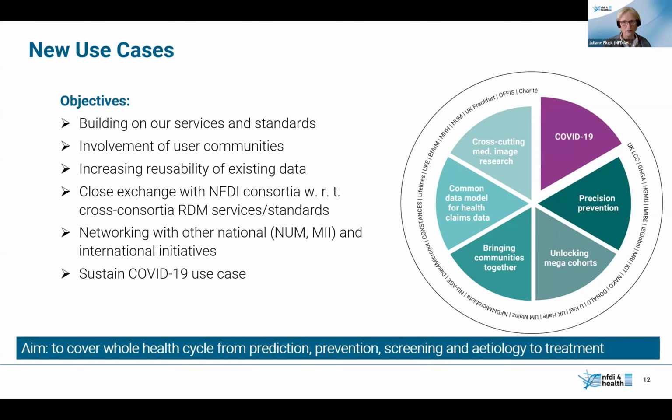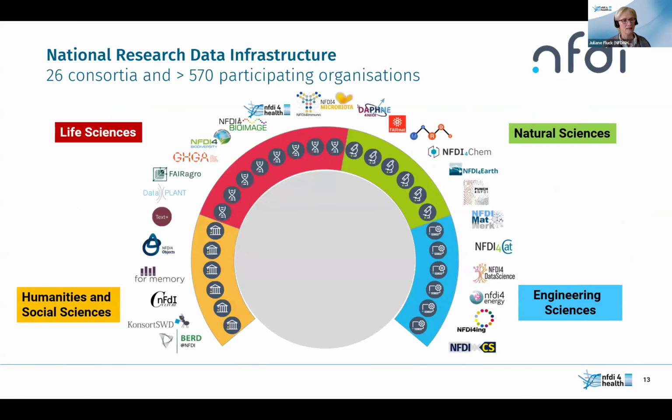I would also highlight, as almost the last slide, that we do not work alone in the NFDI. That's another purpose, not only to link the data within the health domain, but also to be able to use data from the health domain and from other domains.